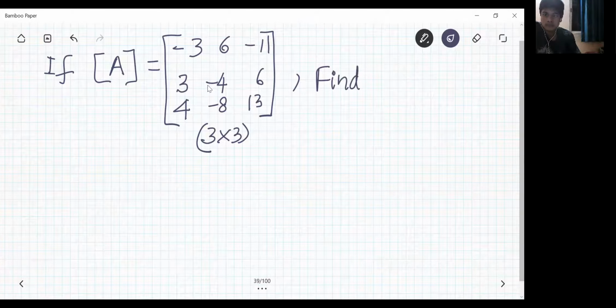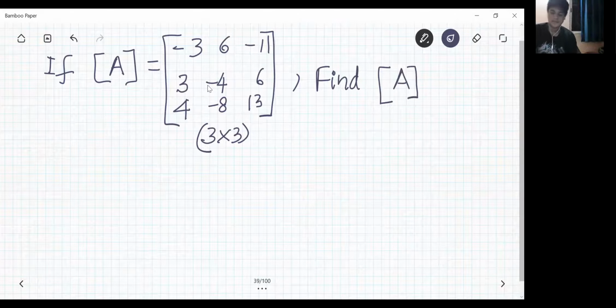So here we write this way. It looks like to the power of minus 1, but it is not the power.